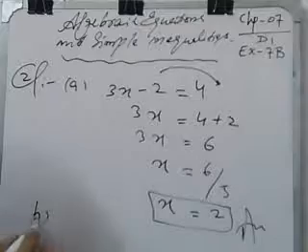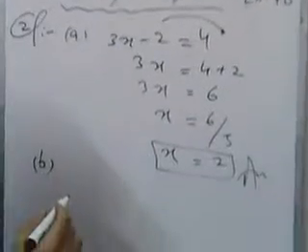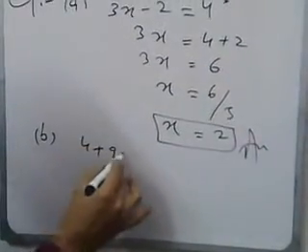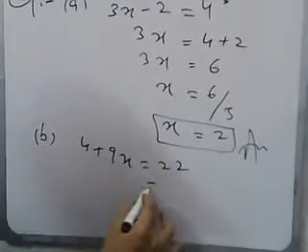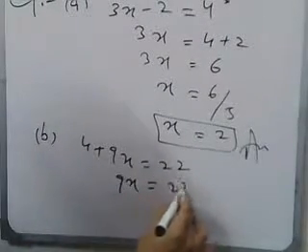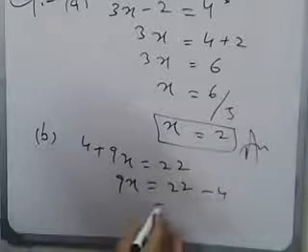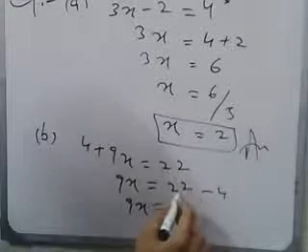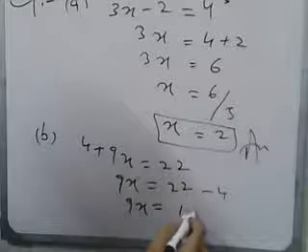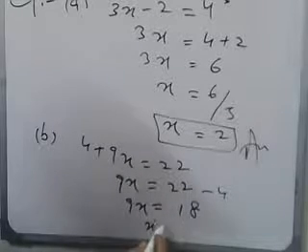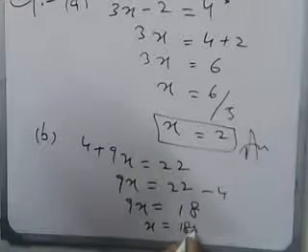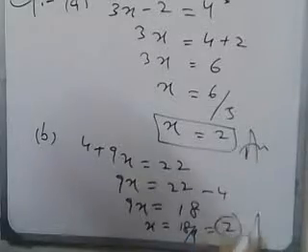Now the D part, by the same method, 4 plus 9x is equal to 22. Constant term should be shifted at one side, so 22 minus 4, you will get 18. And the value of x is 18 by 9, you will get 2. So 2 is your result.